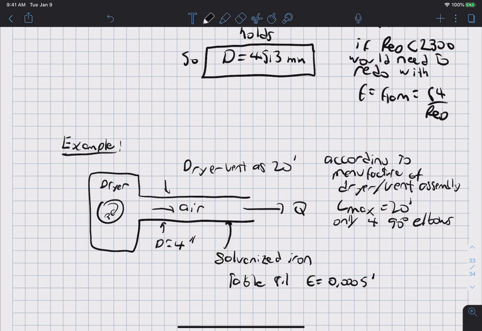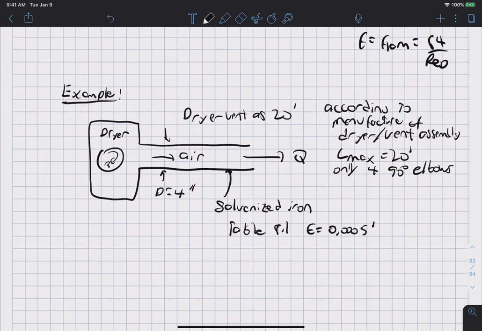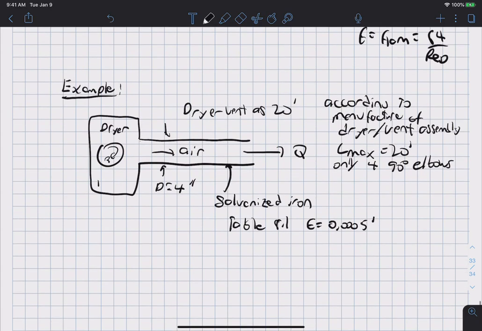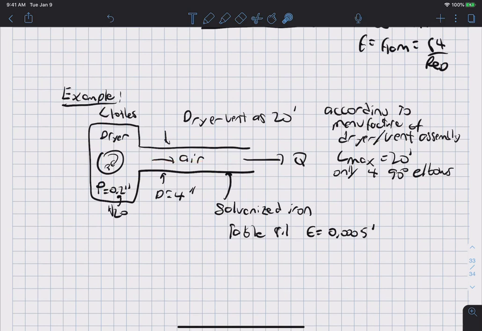Okay, and what's driving the flow is the pressure in the dryer, and so P equals 0.2 inches of H2O. The pressure in the dryer is not specified in the normal way, and this is a closed dryer, so what's driving the flow out the duct is a pressure of 0.2 inches of H2O.